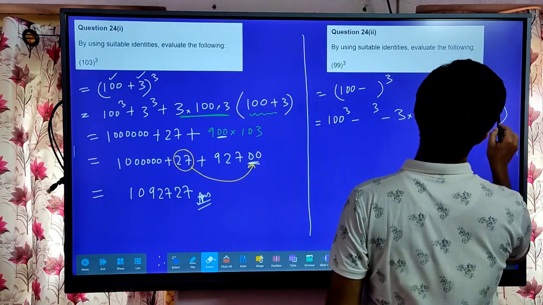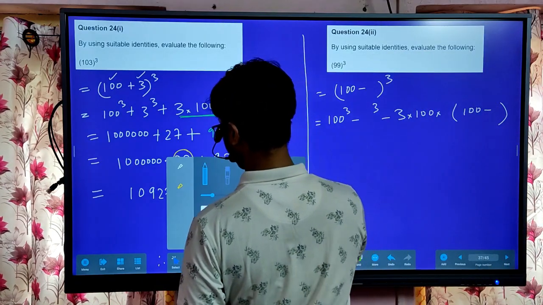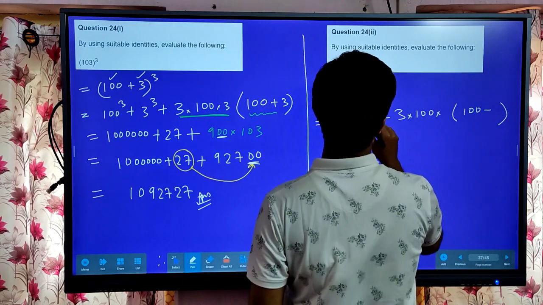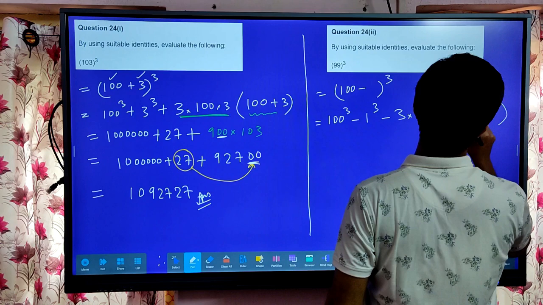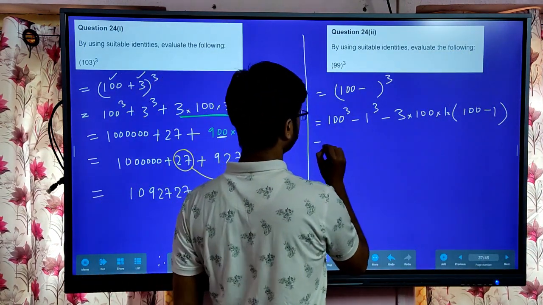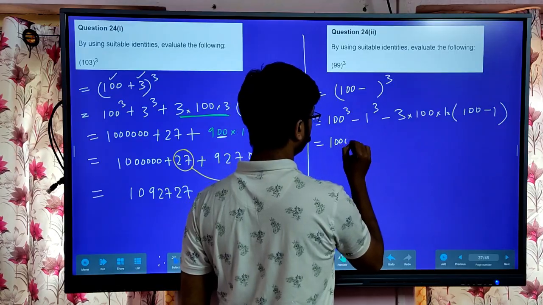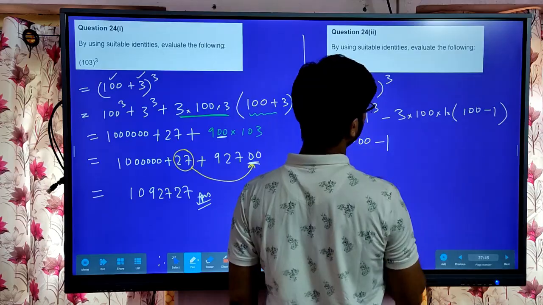So it will be 1 cube, which is 1. It will be 6 zeros, 1, 2, 3, 4, 5, 6, minus 1 cube is 1.